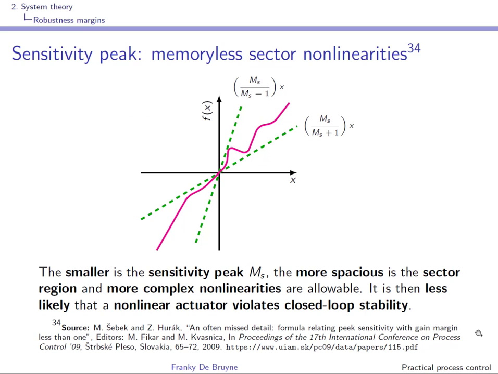So here we look at robustness margins, and we have a loop gain L(s), that is P(s)C(s). So the control loop is P(s)C(s), right?